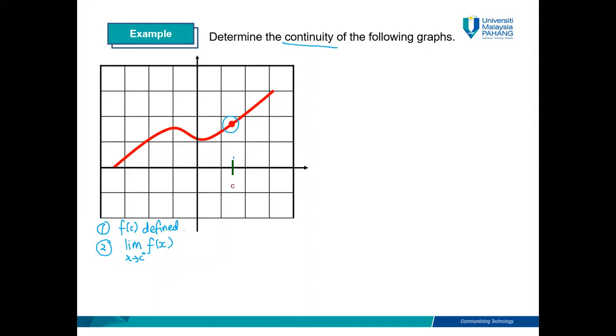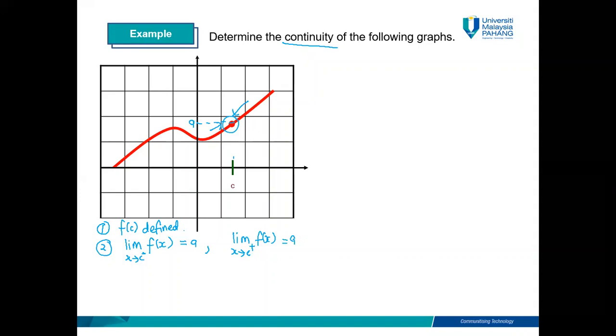Okay, limit of fx when x approaches to c from left exist tak? Ada tak? Let's say A. Okay. Ni A. Okay, limit of fx when x approaches to c from right. Dia menghampiri A juga.